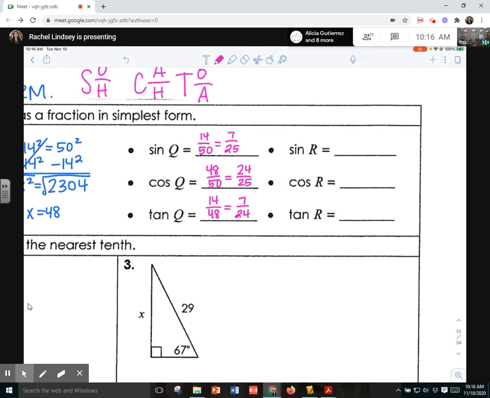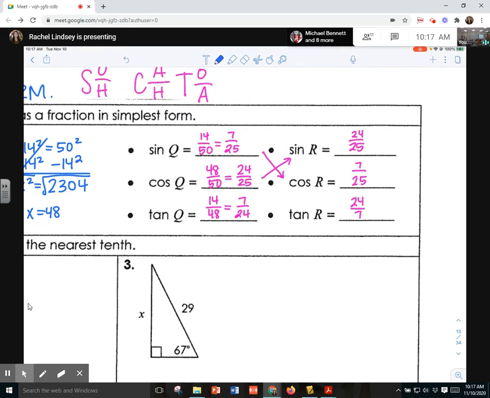Which one of those three does sine of R equal? Cosine. Cosine of Q. So sine of R is 24 over 25. What's cosine of R? 7 over 25. And then tangent is the reciprocal. So I'd have 24 over 7. So switch and flip.